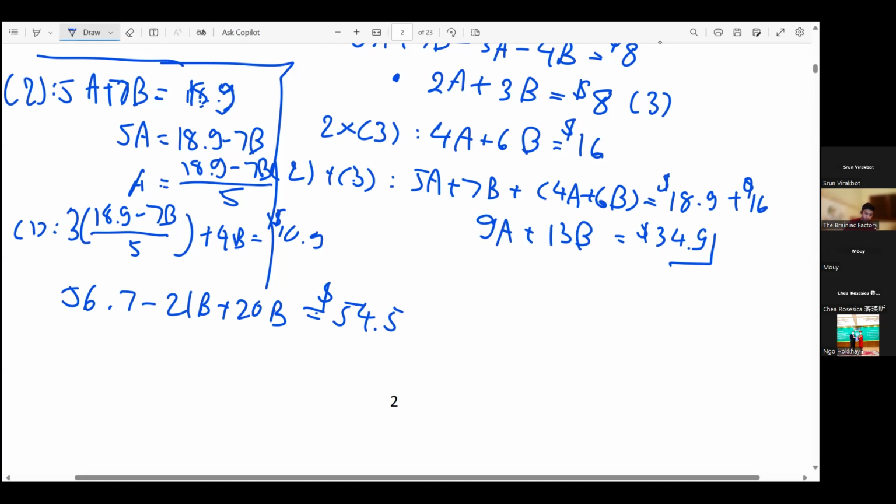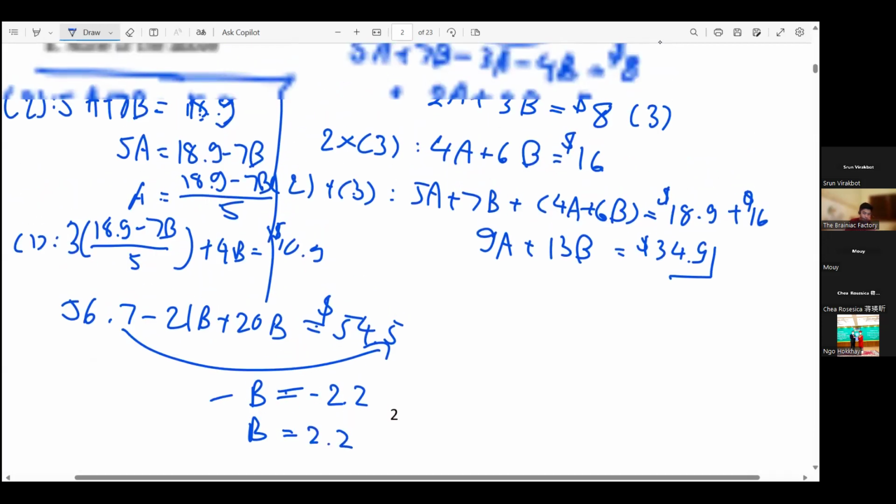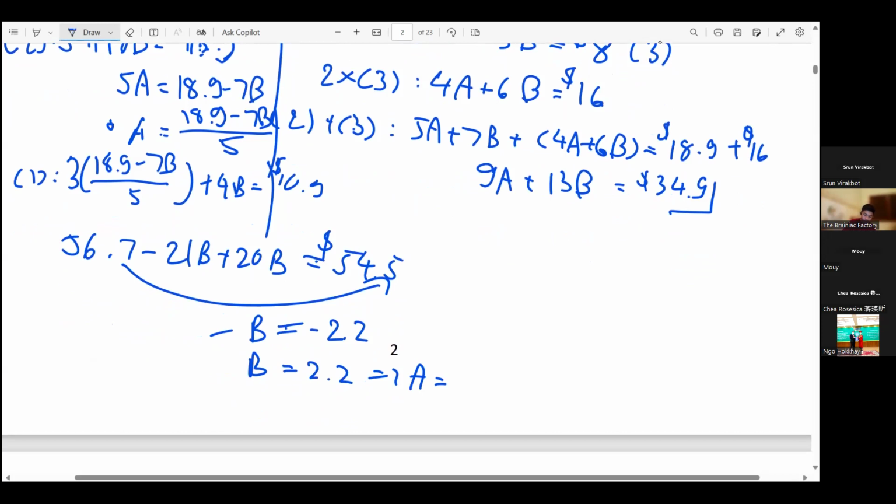You can simplify it, so you're gonna put the 56.7 to the other side and simplify it. So you'll get negative B equals to negative 2.2, which is B equals to 2.2. And you can substitute that into A here, and you'll get A equals to 0.7.